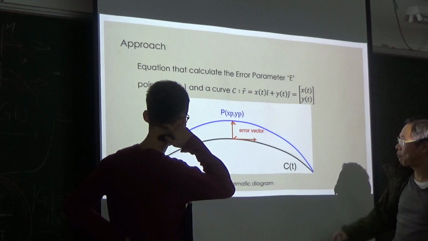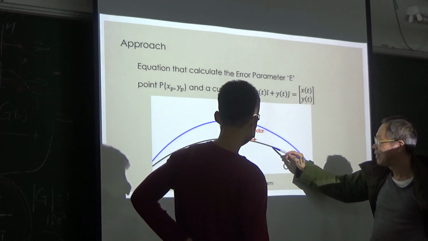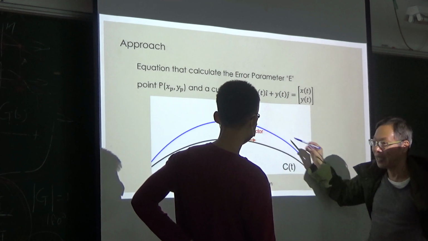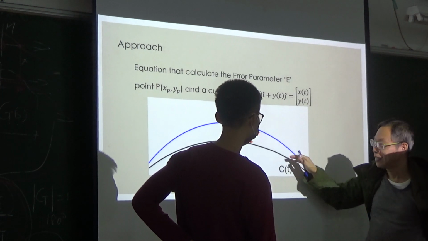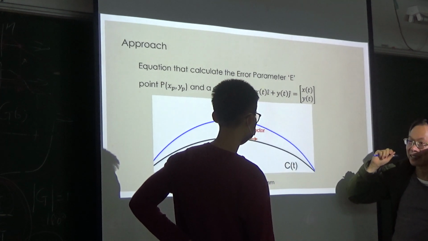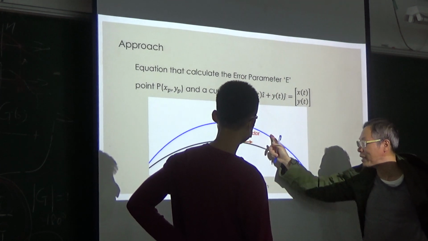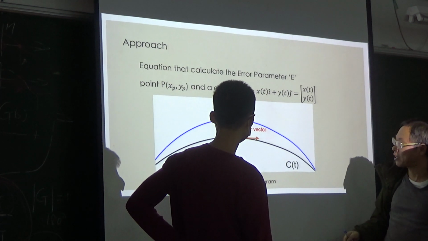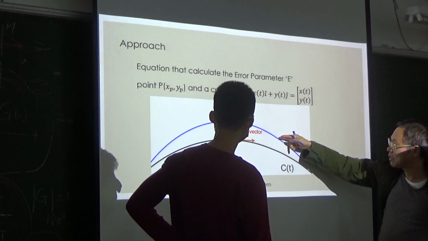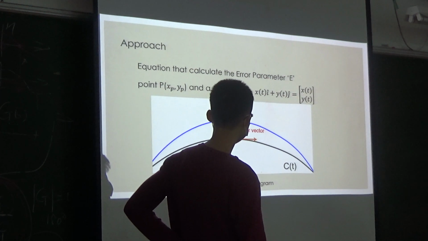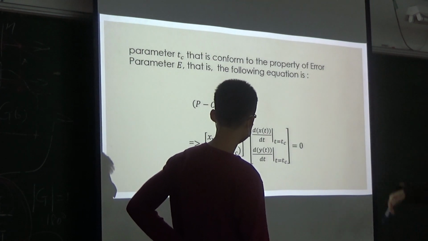Normally contour error is from the actual point, the minimum distance to the desired case. Actually, this is your desired case. The NURBS is not your design case. So you want to find the minimum distance from here to here. But now, you do the reverse way. You find the minimum distance from here to here. Okay, next.